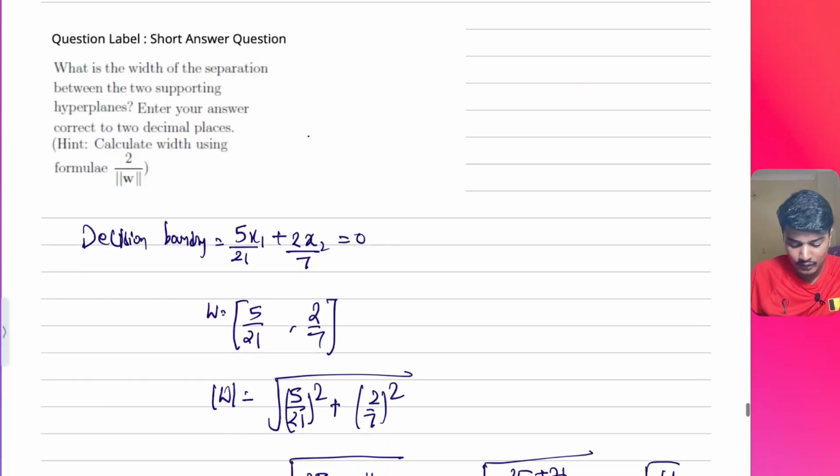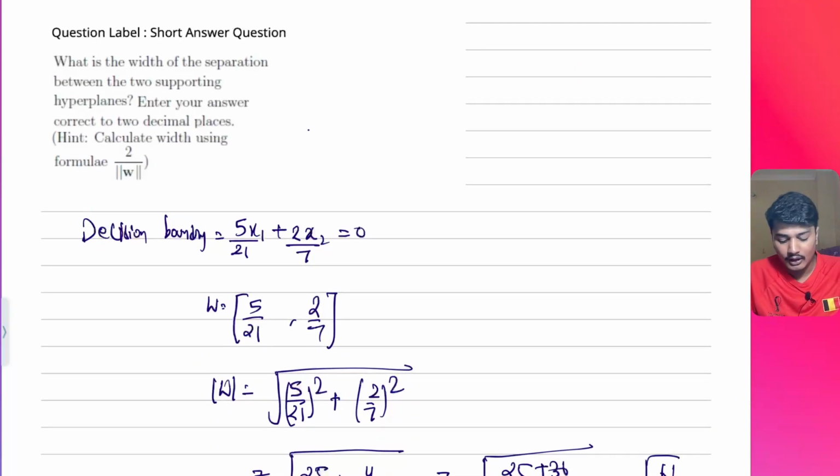Now, in the same question we have to find the width of separation between these two hyperplanes. There are three decision boundaries, so just take the one with which you can find the maximum width. I took this one, and from here we have w, the coefficients.